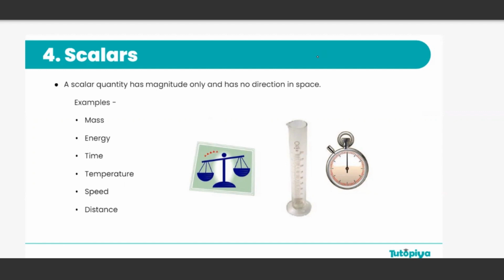For example, if I say, my mass is 50 kilograms to the north, does that make any sense to you? No, right? So a scalar has no direction. It doesn't make sense to represent a scalar with a direction. It has only a magnitude and no direction.